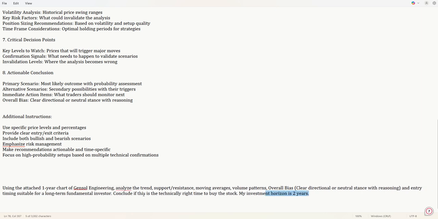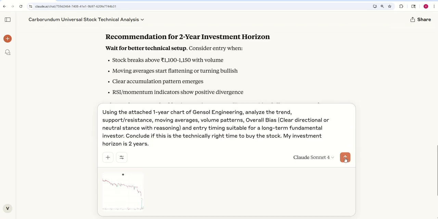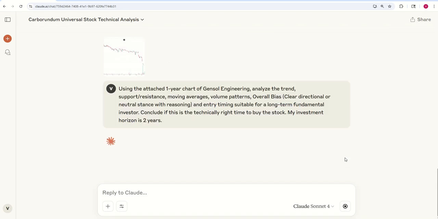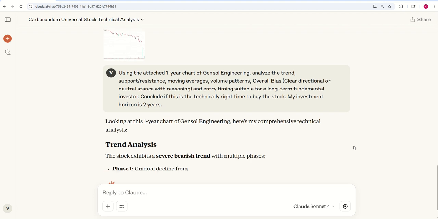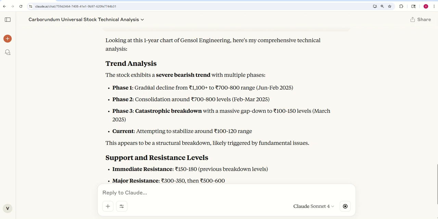So now let us see what it says for Gensol Engineering. It says that there was a gradual decline first. There was a consolidation at the 700 rupees level for 2 or 3 months. Then there was a catastrophic breakdown with a massive gap down to 100 rupees.